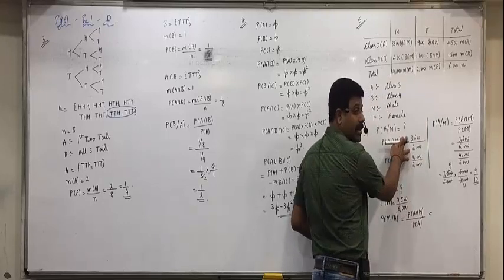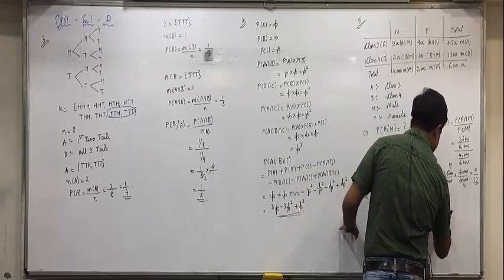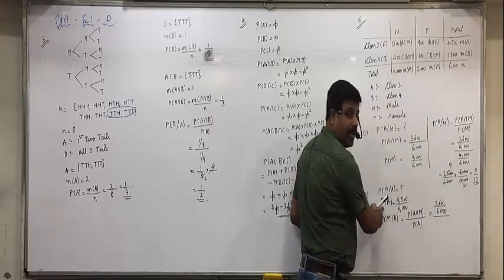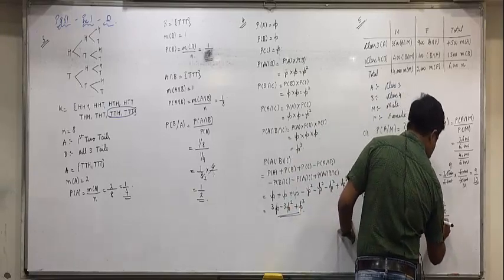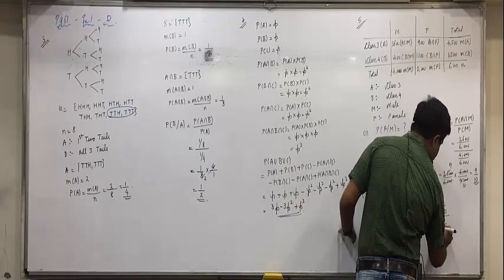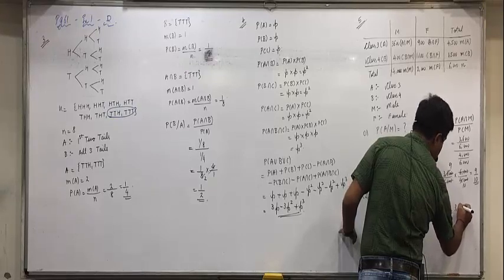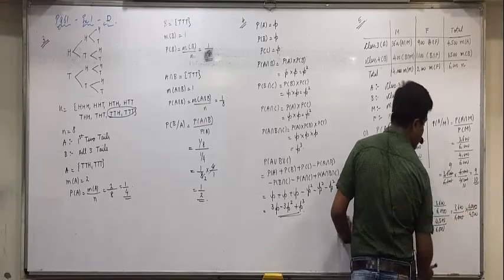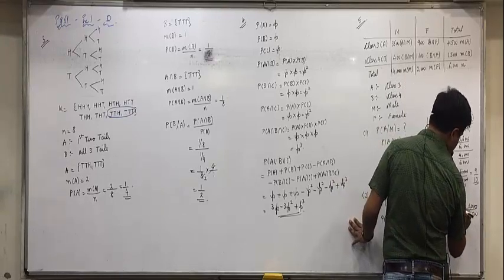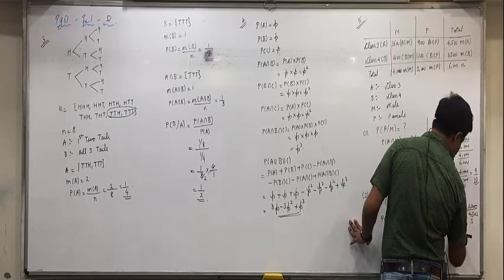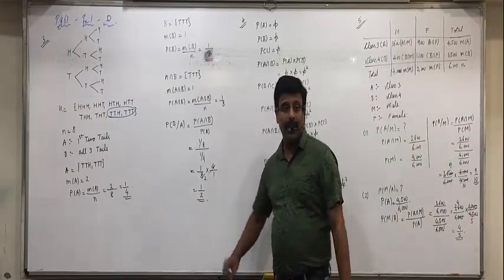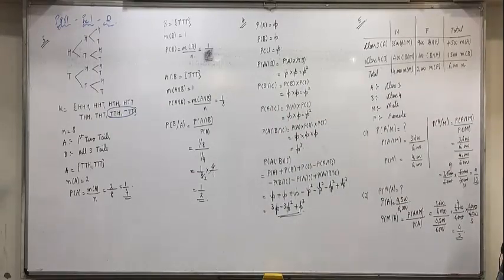A intersection M we obtained earlier, 3600 upon 6000, and divide by P(A). Now we obtained 4500 upon 6000. So 3600 upon 6000 into 6000 upon 4500. 6000 cancel. 9 into 4, 9 into 5, 4 by 5. Did you understand this? Now, tomorrow we'll start with accounts part 2.